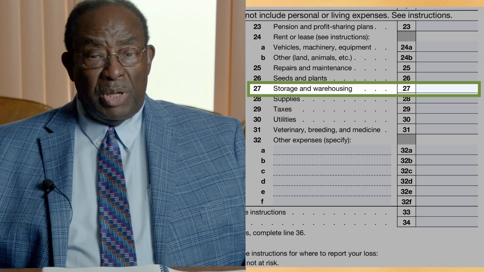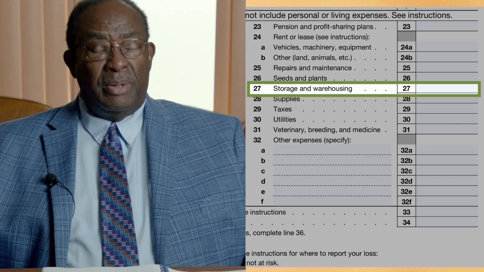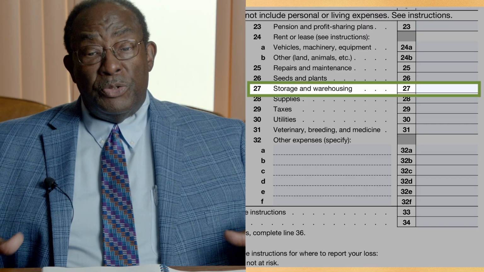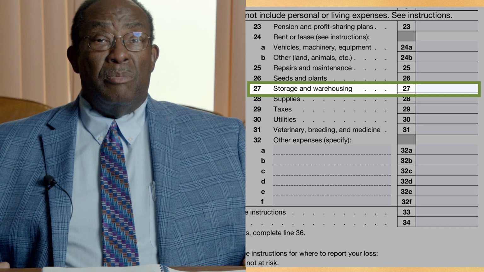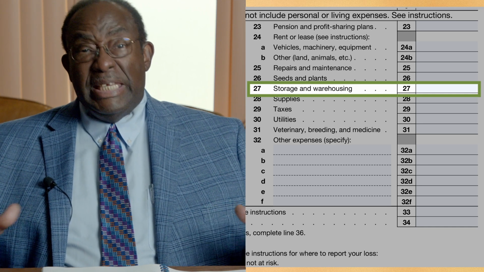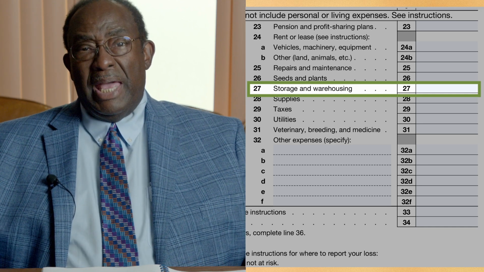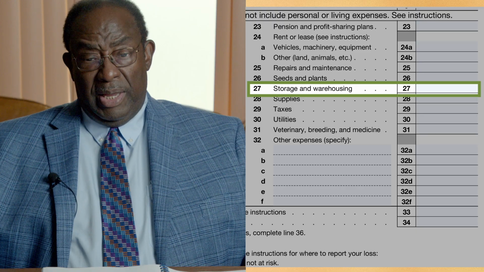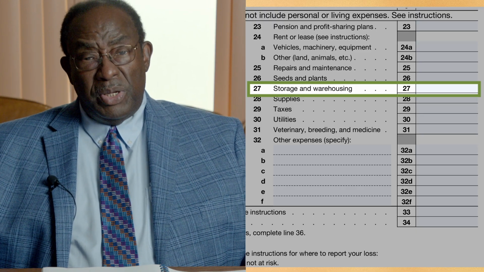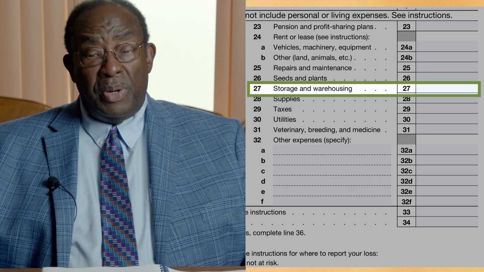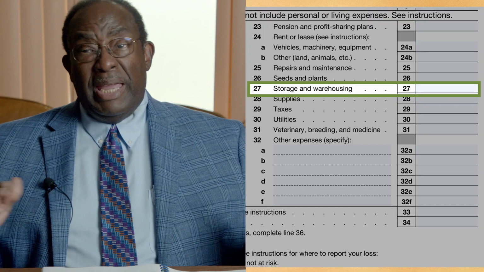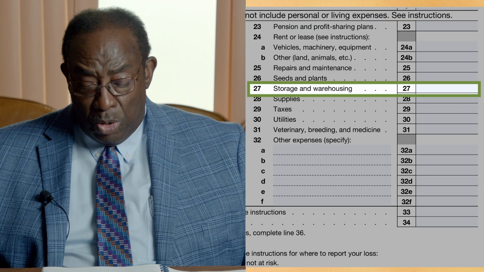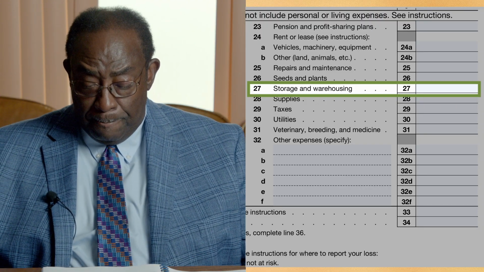Most of the growers that we have been working with here at Mississippi Delta Council don't necessarily have that kind of need. But sometimes as you grow and as your production increases, you'll need cold storage. You have to start paying for that. That'll go right there on that particular line, okay?